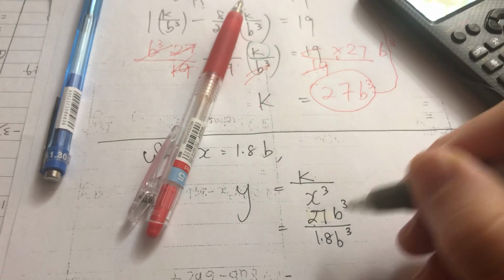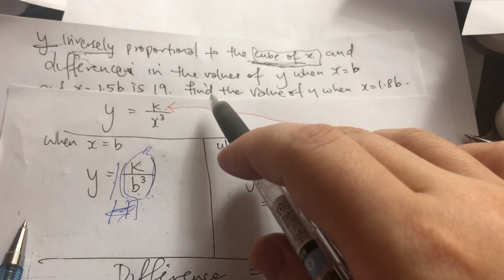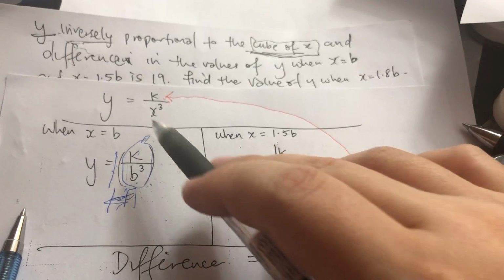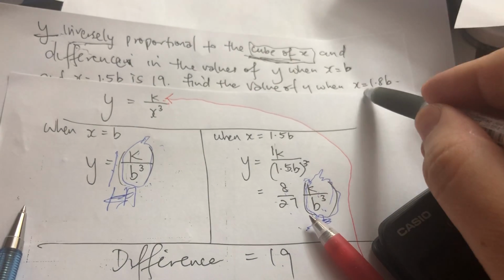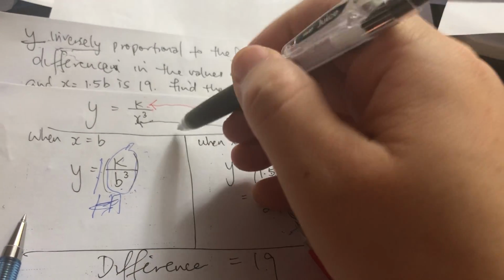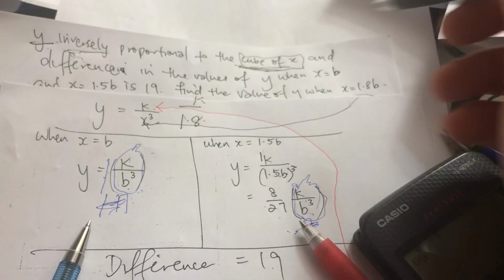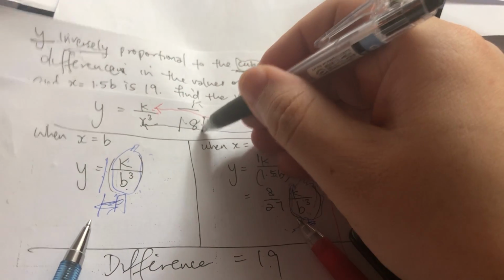Okay, and when x equals 1.8b, why 1.8b? Because the question wants us to find the value of y. Find this y when x is 1.8b. So you put this 1.8b here, and you must not put it like that.